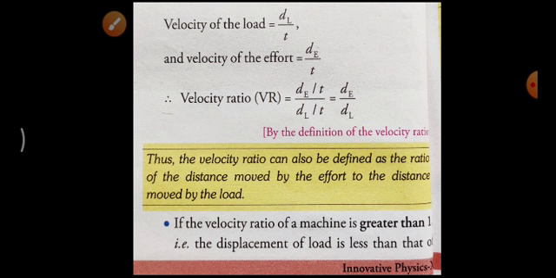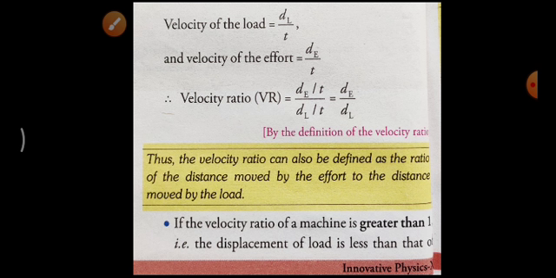Initially we read that velocity ratio is equal to the velocity of the effort divided by the velocity of the load, but we can also write the velocity ratio as dE divided by dl, and how we got it we have discussed. Thus the velocity ratio can also be defined as the ratio of the distance moved by the effort to the distance moved by the load. I hope all of you have understood.